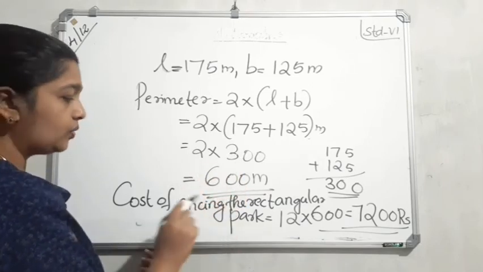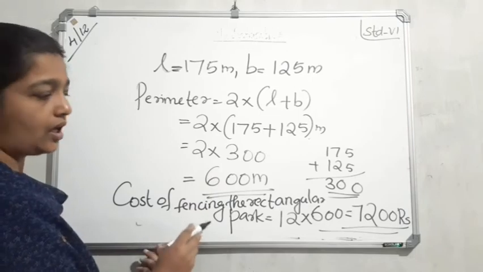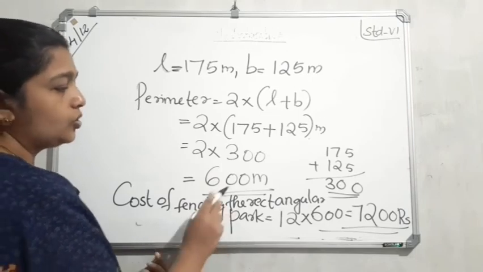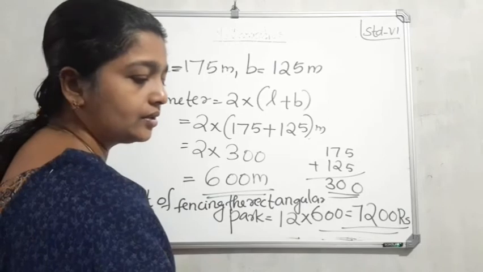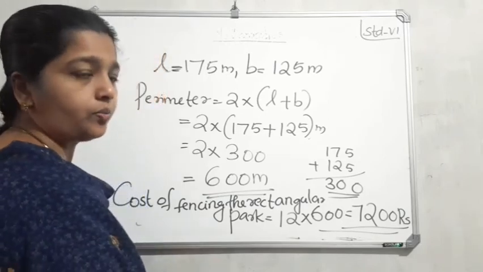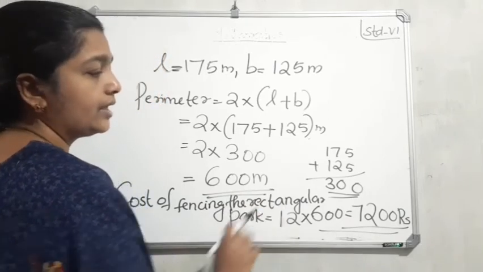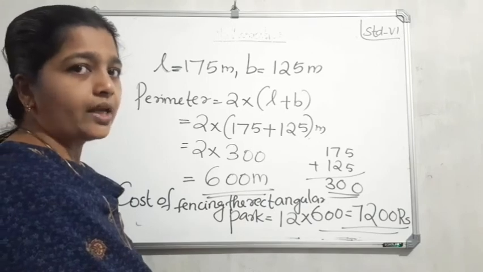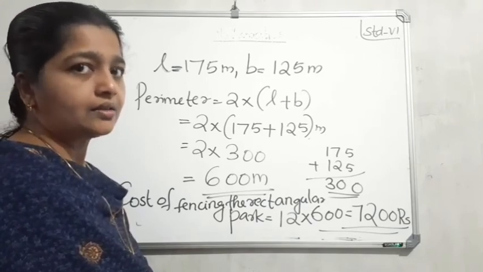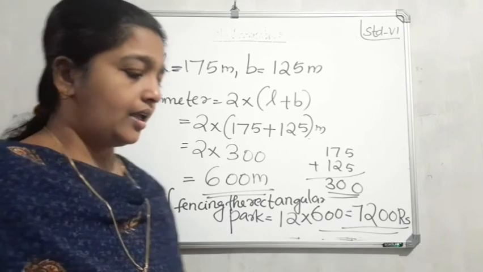Next we want to find the cost of fencing the rectangular park. Money given is 12 rupees. 12 into 600 equals 7,200 rupees. Understand? Yes.